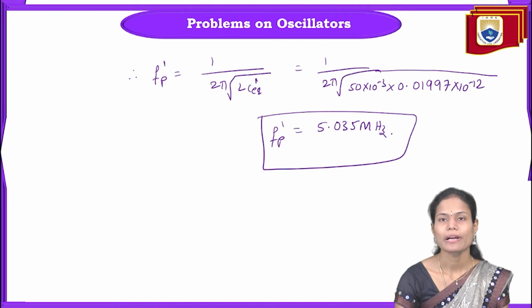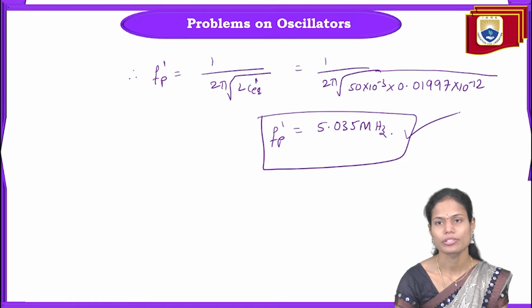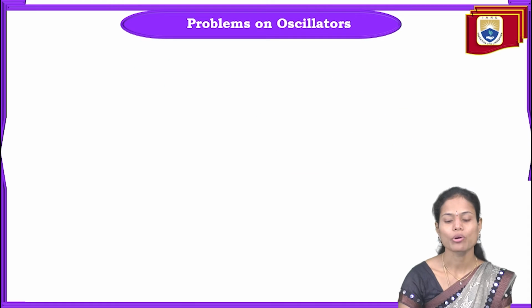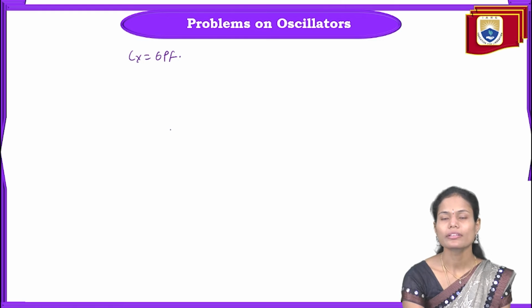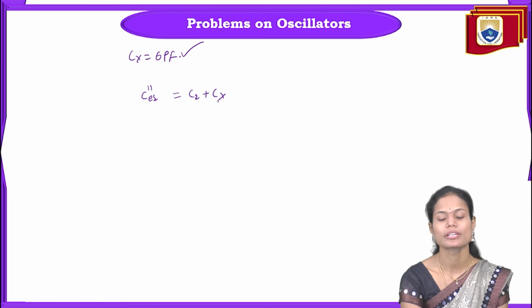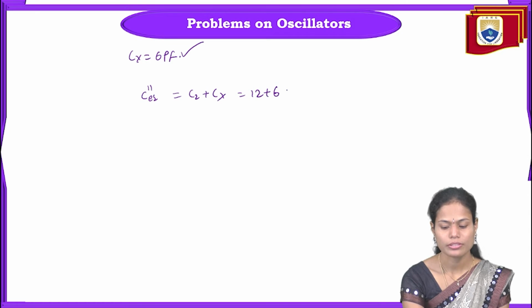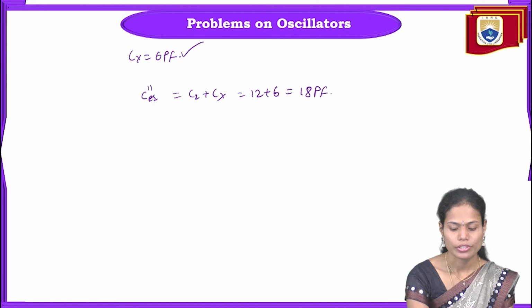And the first capacitance 5 picofarads we have connected, and we have calculated the new parallel resonant frequency. And the second capacitance given in the problem is 6 picofarads. So when we connect the 6 picofarads across the crystal, how much amount of frequency of oscillation we are going to get here? So to calculate that, again we need to calculate the C equivalent with this particular Cx capacitance. That is C2 plus Cx here. That is 12 plus 6, 18 picofarads. And sorry, it is C2 double dash.